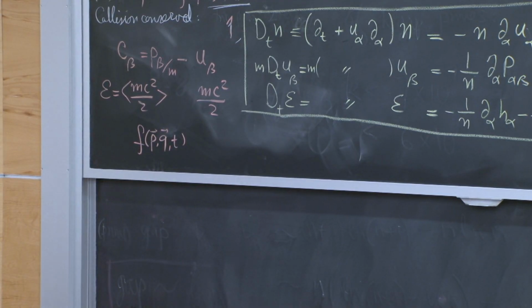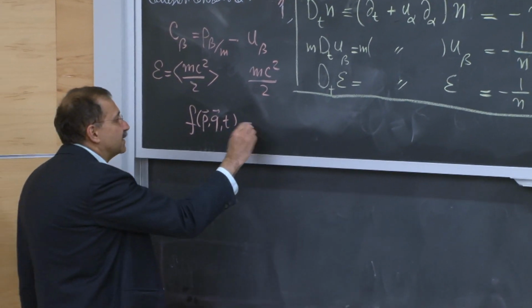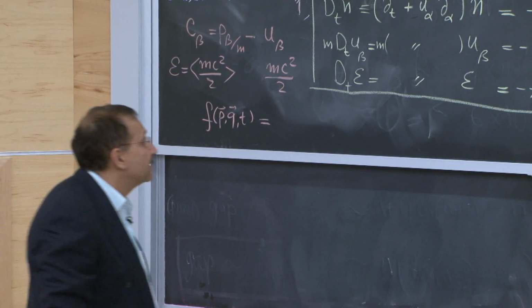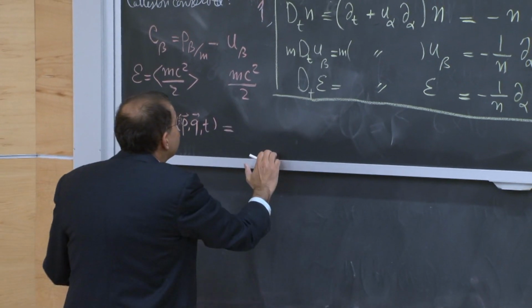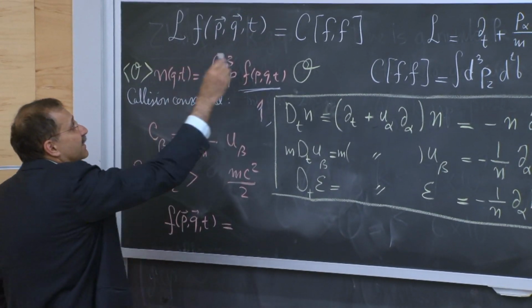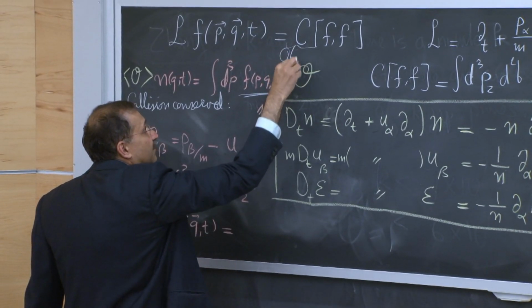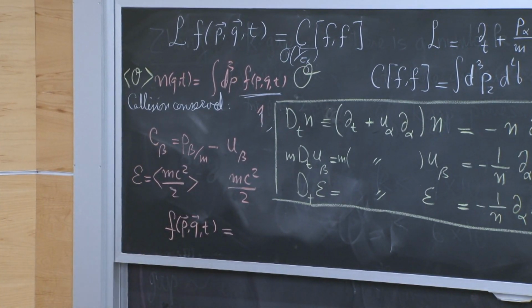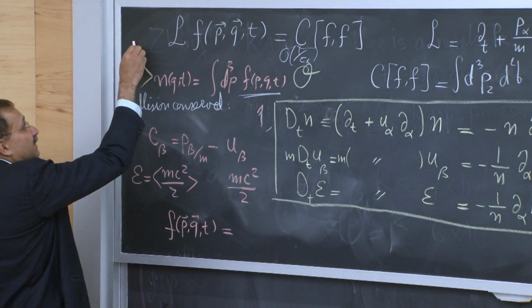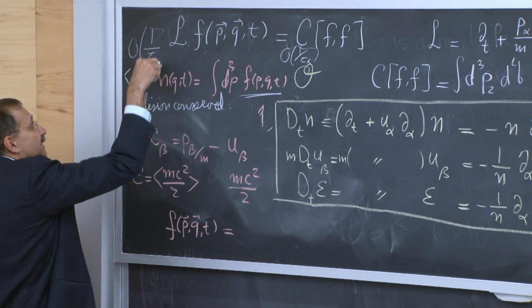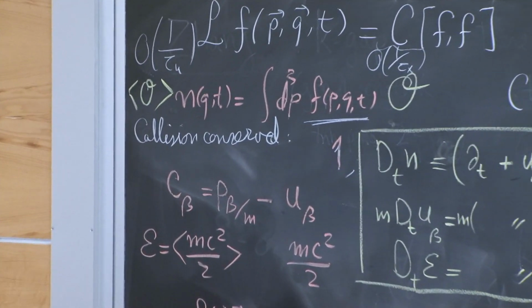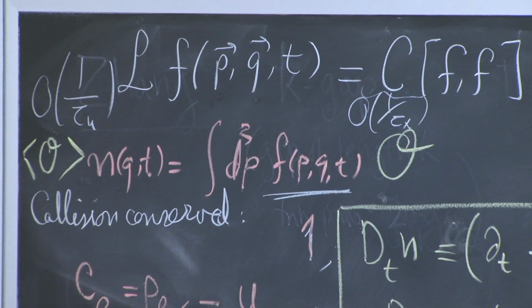Now, the first thing that we said was, OK, maybe what I can do is I can look at the equation itself, notice that this part of the equation is order of 1 over the time it takes for particles to move in the gas and find another particle to collide with, whereas the left-hand side is presumably something that is related to how far I go before I see some variation due to the external box.